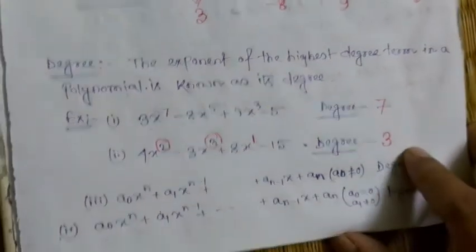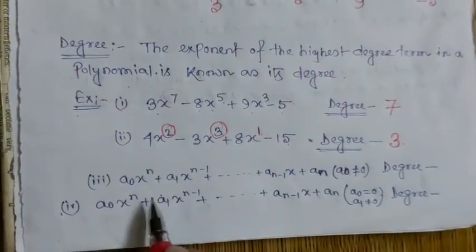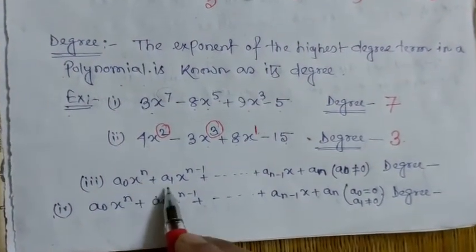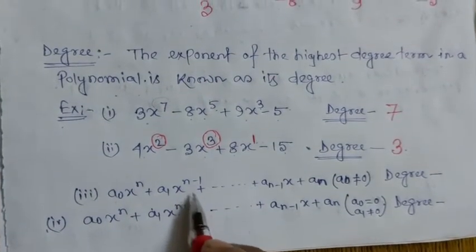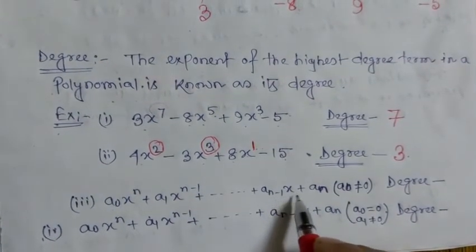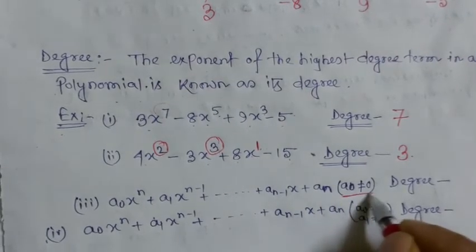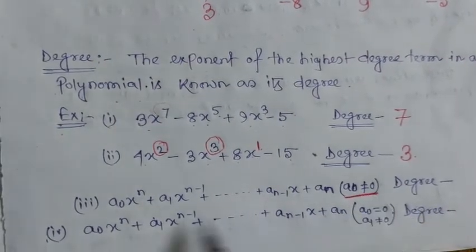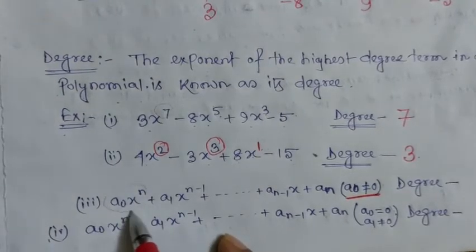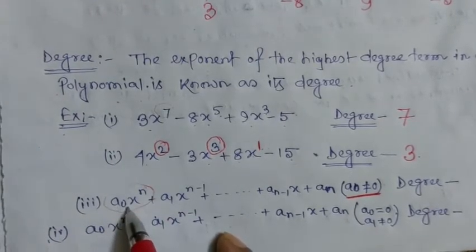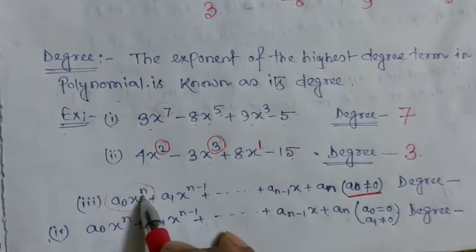Now number 3: a0 x to the power n plus a1 x to the power n minus 1 plus like this, a(n-1) x plus an, where the condition given is a0 is not equal to 0. That means a non-zero number is multiplied by x to the power n.